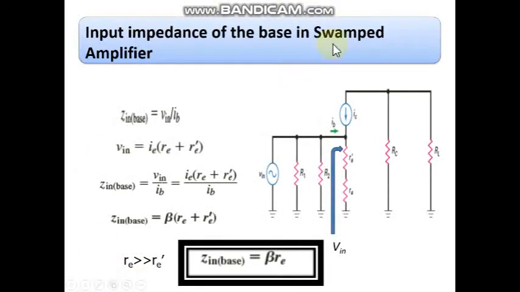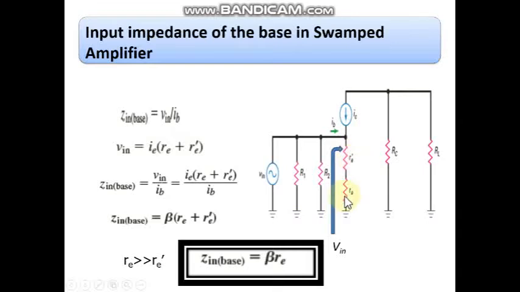Input impedance of the base in a swamped amplifier. As your Vin is applied, with IB flowing into this, your Zin(base) will be V input upon current IB, which is nothing but IE into (RE plus RE dash).